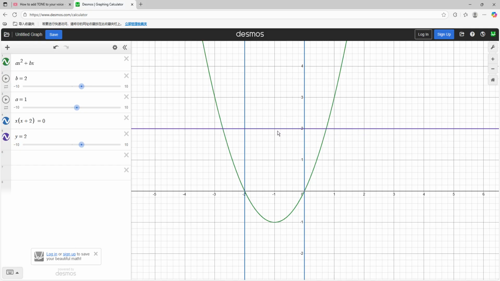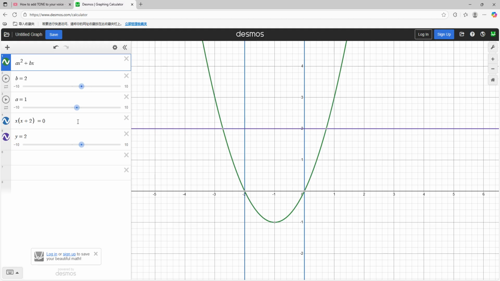Then you divide by 2, which gives you negative 1. So when x equals negative 1, that is the turning point. Plug the value into the curve and you get y equals negative 1. That's how you find the turning point.